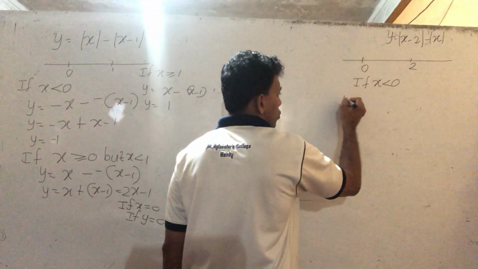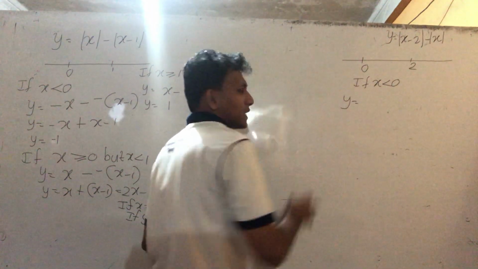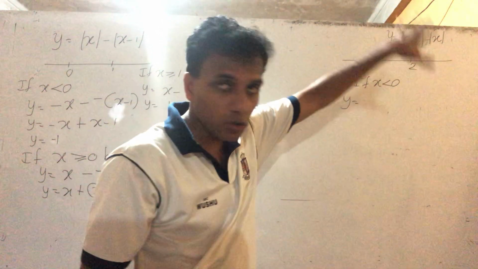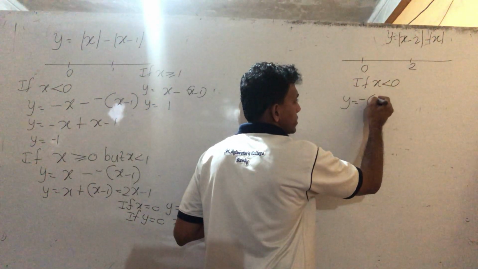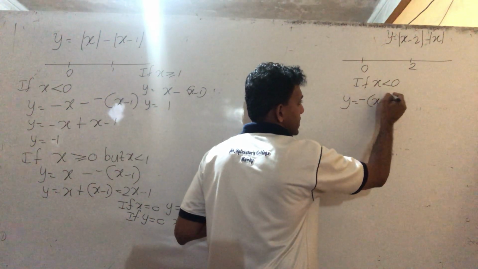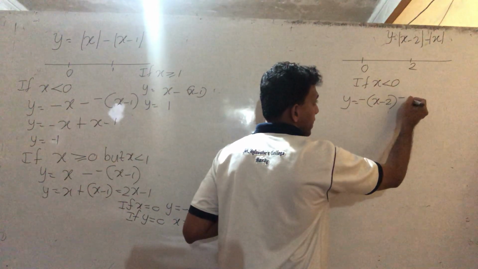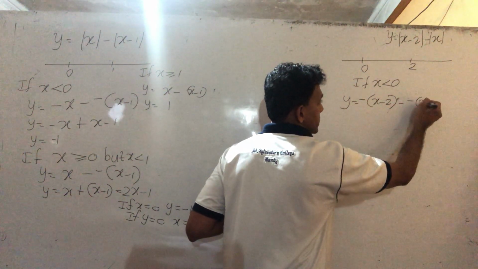So y equals, x is less than 0, for example minus 5. Put x as minus 5, that is minus. The other one is also minus. Then what happened? You write an additional negative symbol and show it as it is. The other is also minus, then put another additional minus and write x.